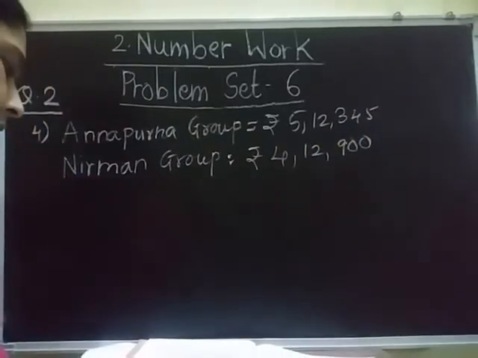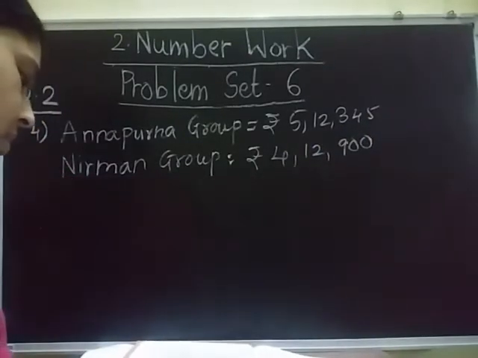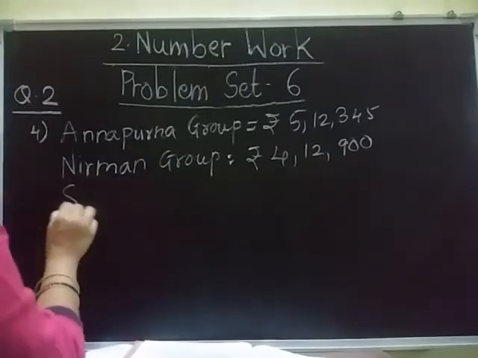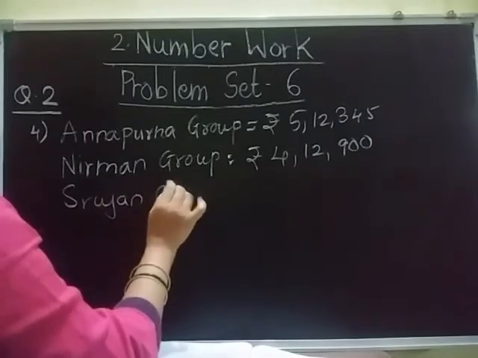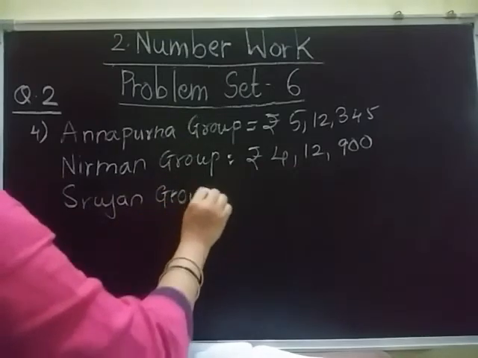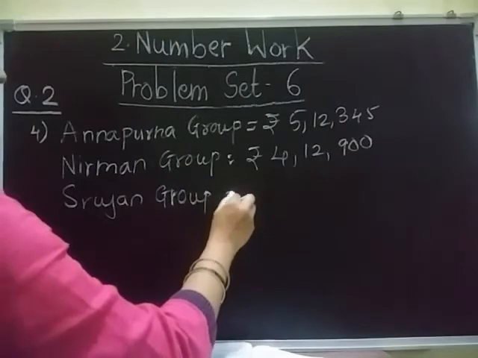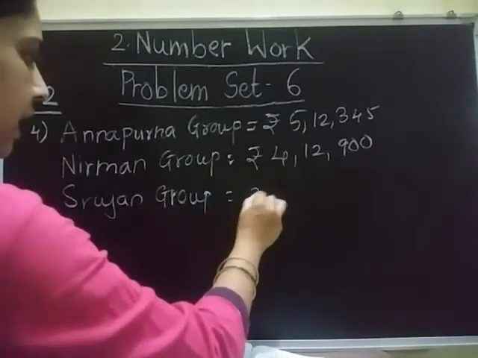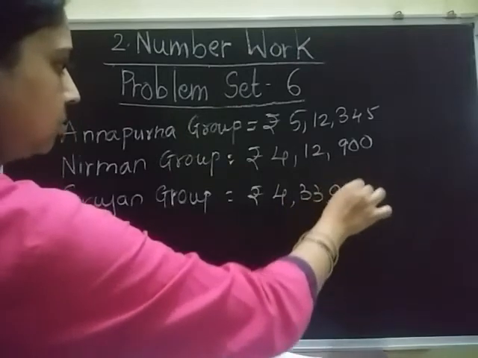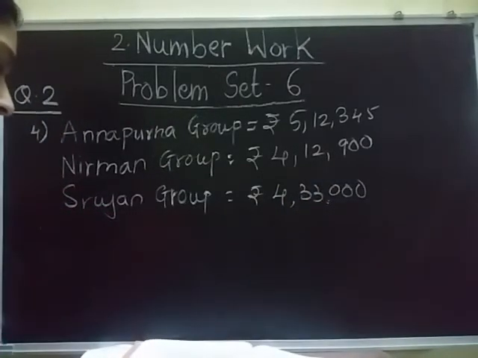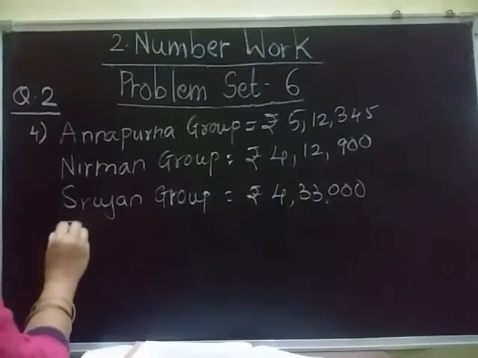Now third one is Srujan Group, 4,33,000. And the last is Savitribai Phule Group.